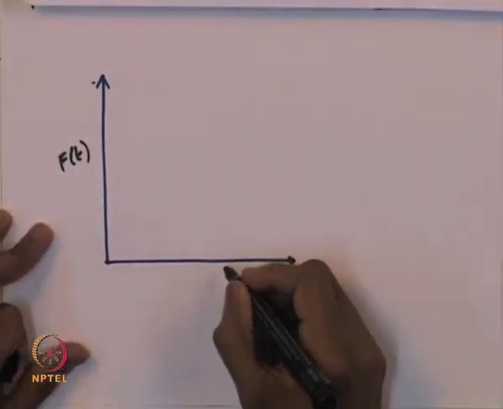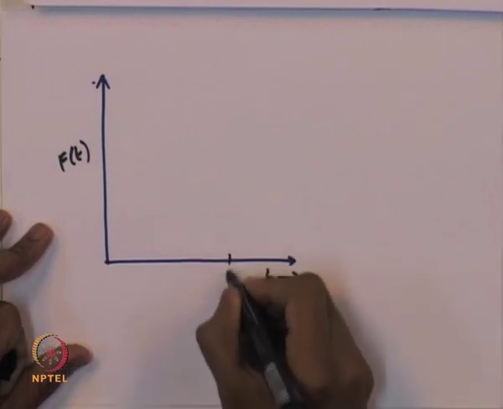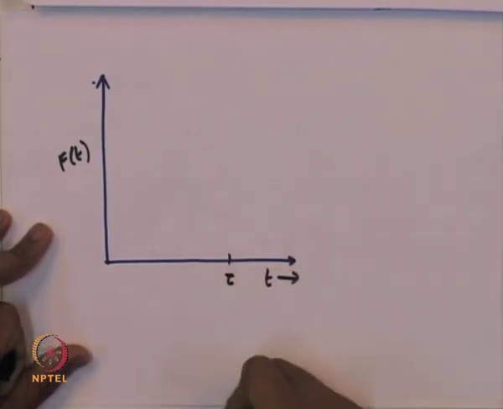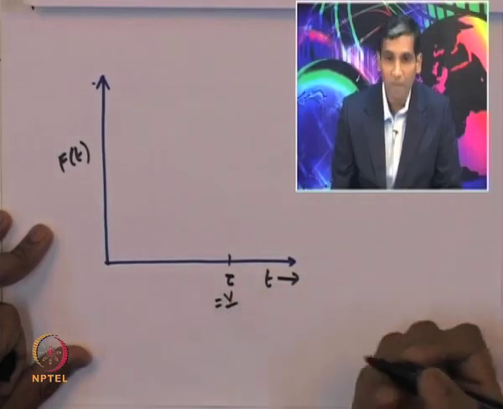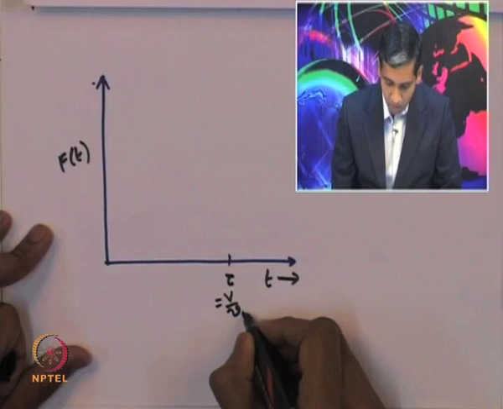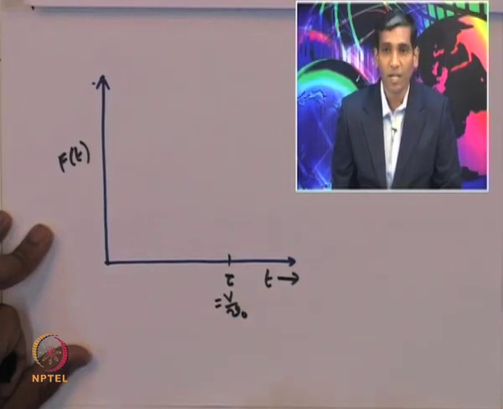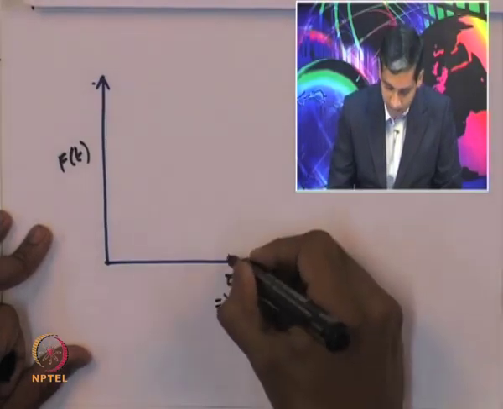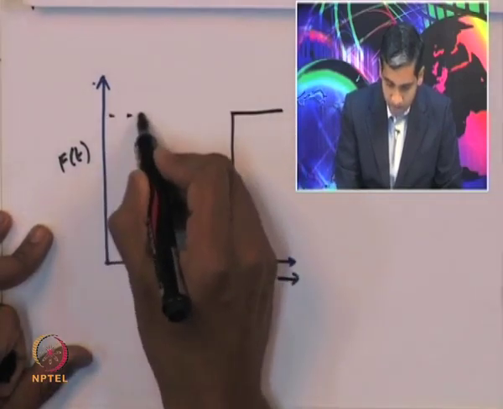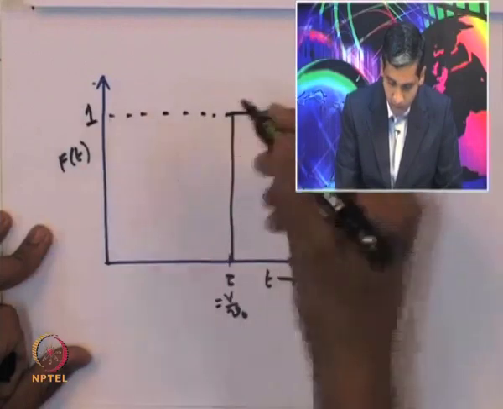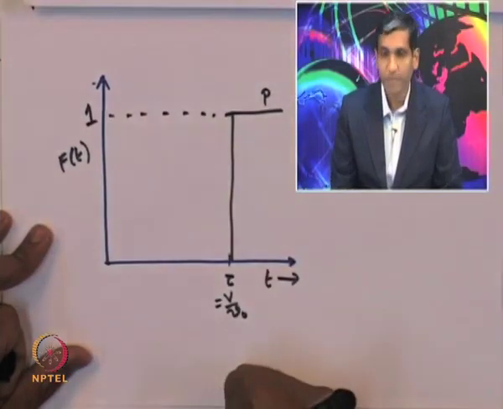If it is a normal operation, then the F curve will start at the space time of the reactor, tau, which is given by the volume of the reactor divided by the volumetric flow rate with which the fluid is flowing through the reactor, and it looks like a step function, and this is 1. So, that is for the perfect operation.